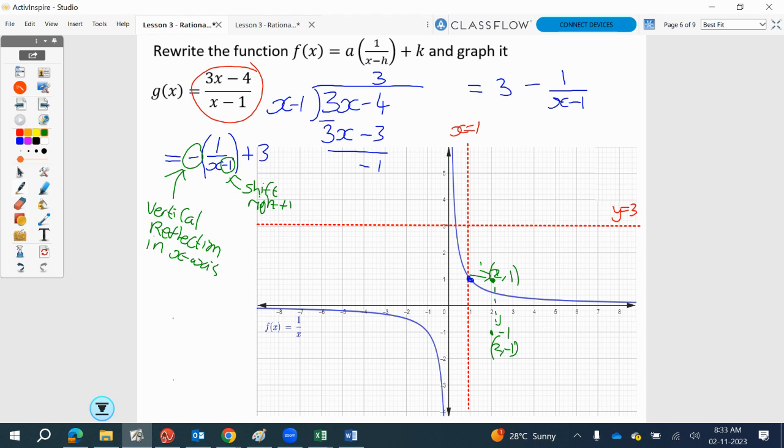Any number on the outside, the value of a, will give your reflection or stretch. You simply multiply the y value, which is 1, by that number, and then plot the new point with the new x value. Lastly, we have this transformation, which is a vertical shift.